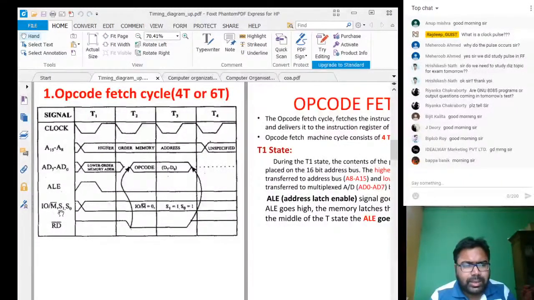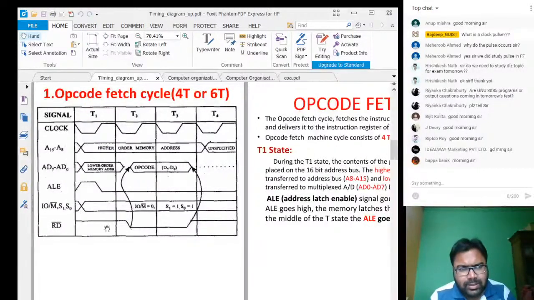IO/M complement is 0, meaning it is not an IO operation. It is a memory read operation, and the status lines S0 and S1 are also set to 1, whereas read is set to 1. So this is for the first T state.